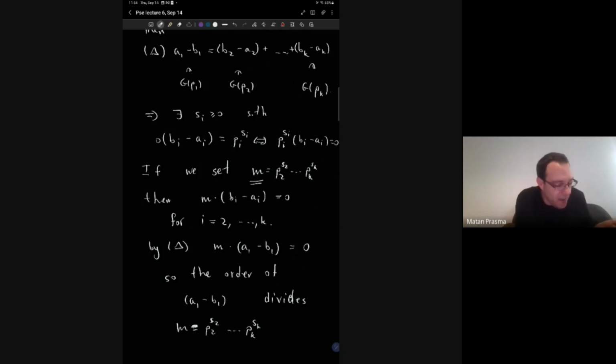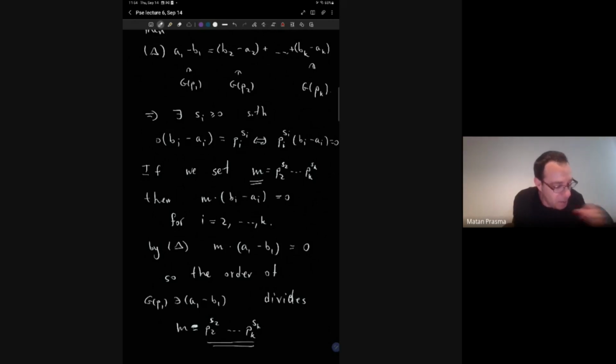But of course, this is an element of GP1, so its order has to be a power of P1. And P1 does not appear in this decomposition.